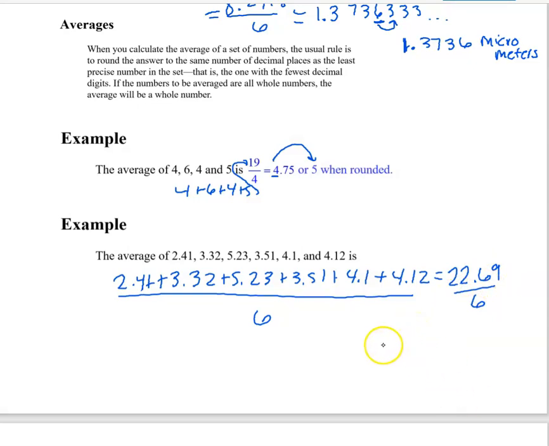Okay, that's going to be 3.7816, and my 6 keeps going. Okay, but I'm going to consider the least amount of decimals. So this has 2, this has 2, this has 2, this one has 1, and this one has 2. So we're going to round to the one that has the least decimals. So 3.8, because the number next door was 5 or bigger, so we would round up.